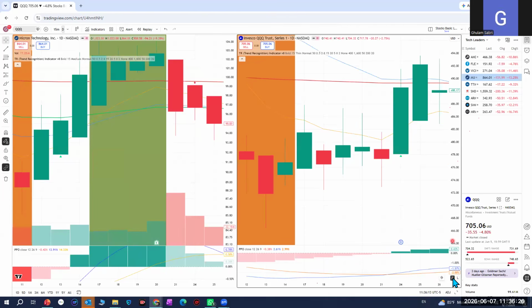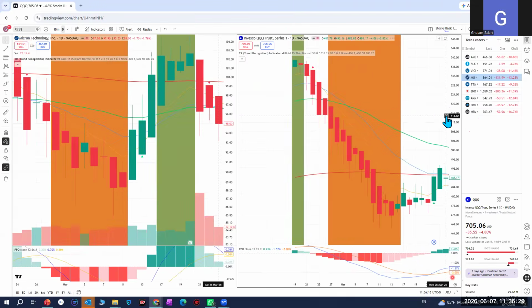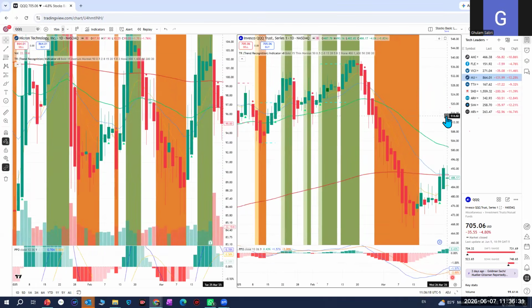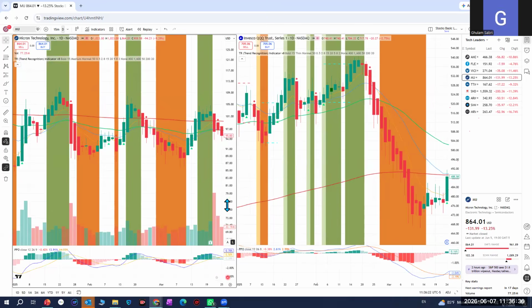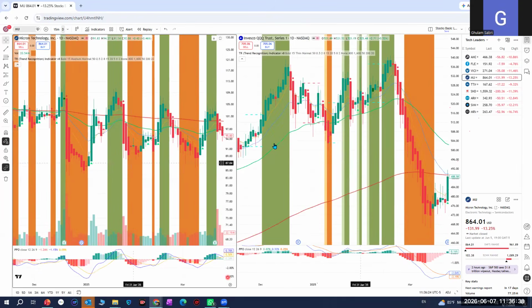Give me a second to readjust all the things. So the same indicator works in the same pattern for day trading as well. And in fact, this whole thing was designed with day trading in mind.